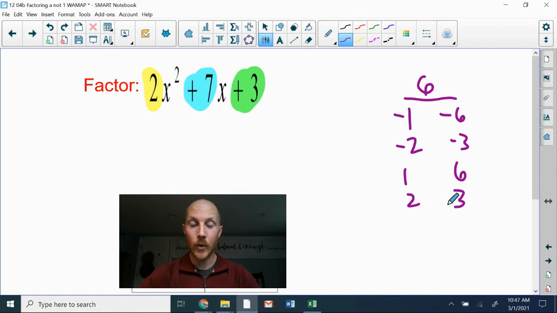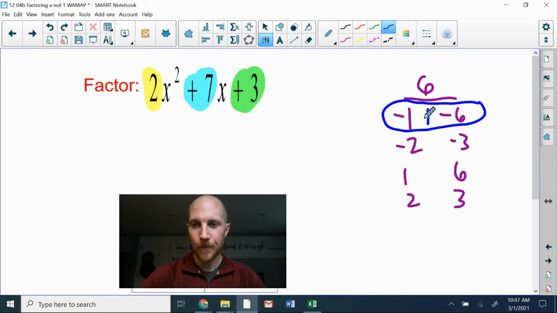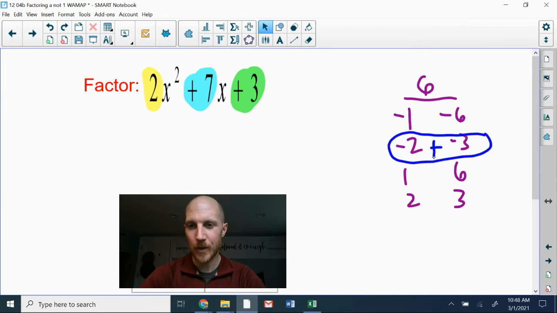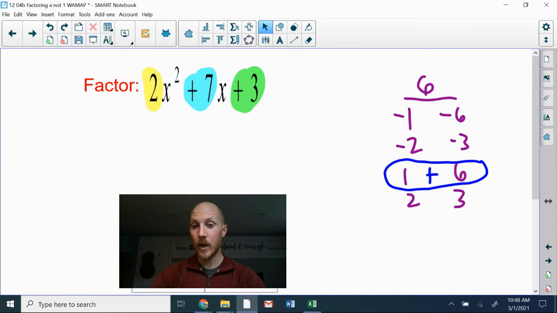So then once we have completed our list of all the different things that will multiply to give us 6, we're going to go back through here and identify which pair in that list would add together to make that blue x coefficient of positive 7. So if I add these two together, it is not positive 7, not positive 7. Yay, that's it. 1 plus 6, that'll give me positive 7.